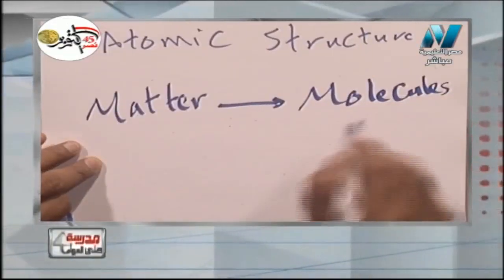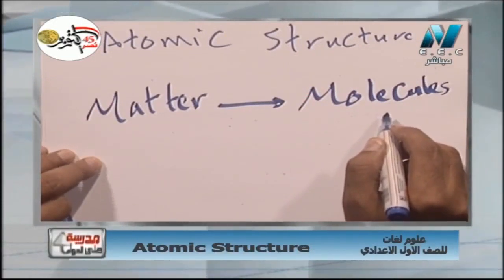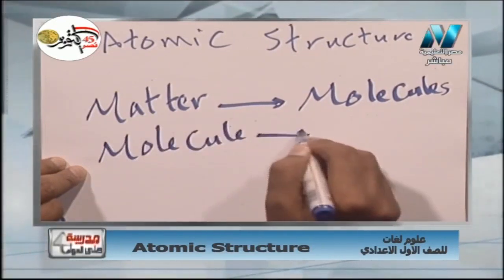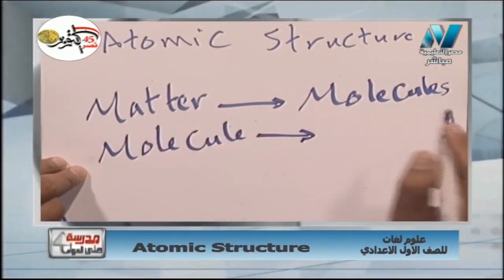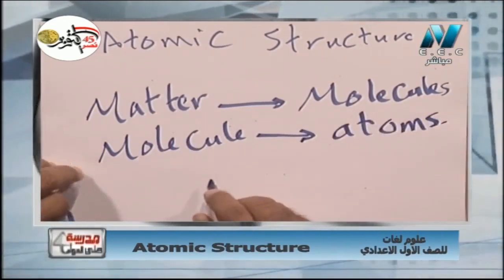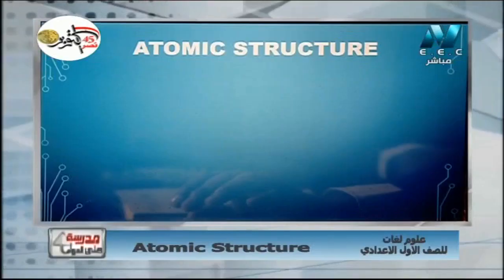And the molecule is the smallest part of matter that can exist freely. But molecule consists of smaller particles that are called atoms. Today we're going to talk about the atomic structure, the structure of the atom.